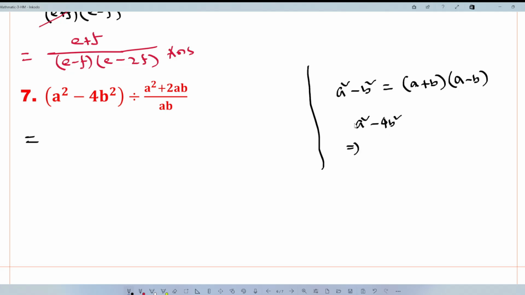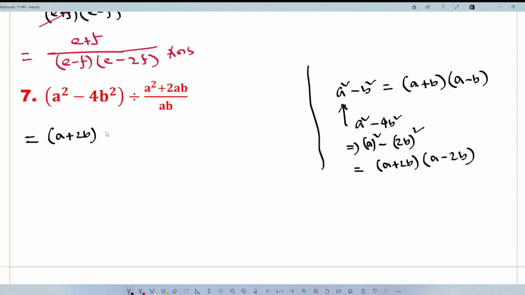This one we can convert to a square minus b square, like a square minus 2b square. So we can write a plus 2b and a minus 2b. So we can write here a plus 2b times a minus 2b. And here is divide sign. Once we place multiply, this ab will become numerator and a square plus 2ab become denominator.